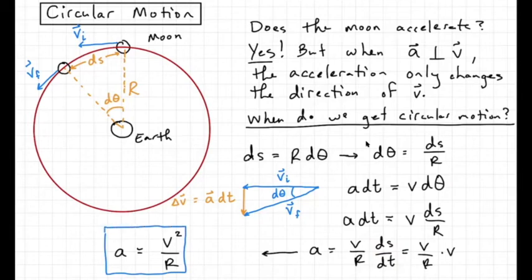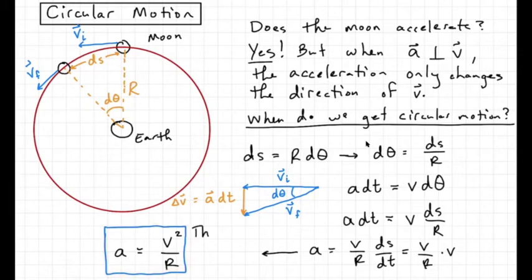All right, so what does this mean? This means that in the case of circular motion, the acceleration of the moon or any object undergoing motion along a circular path has to have that acceleration in the direction of the center of the circle. So this, I'll write that too.